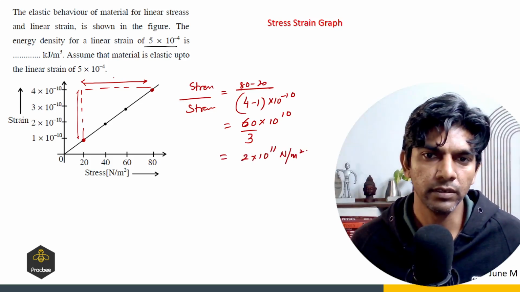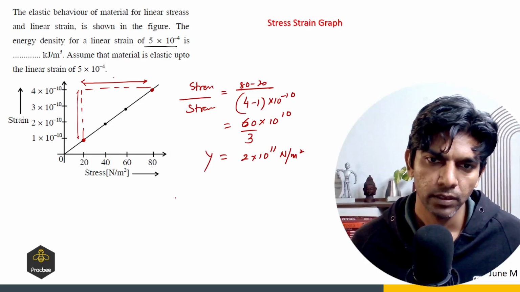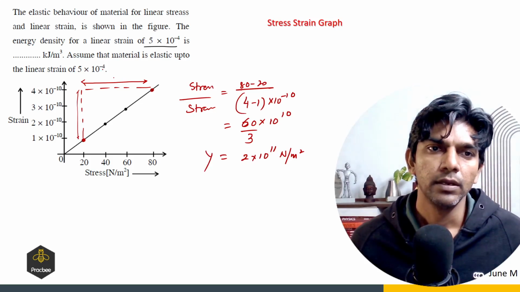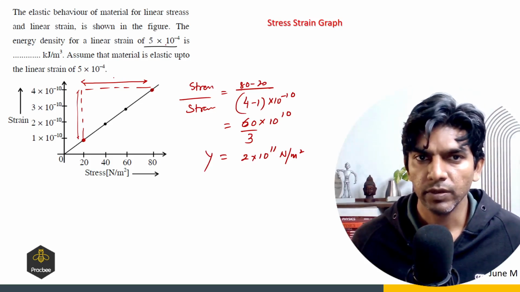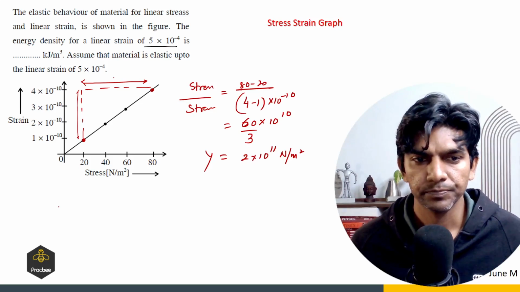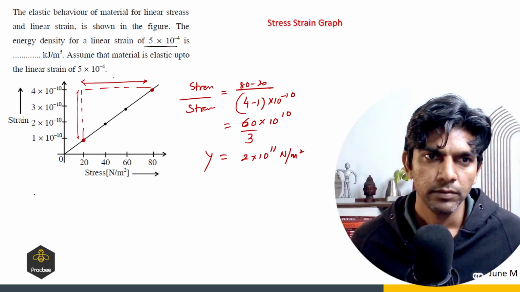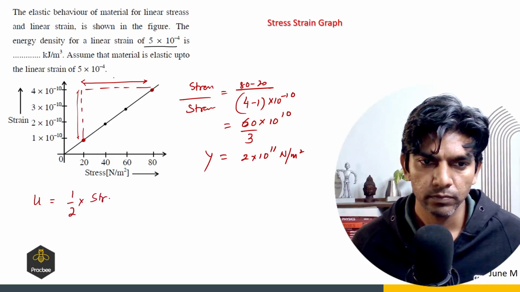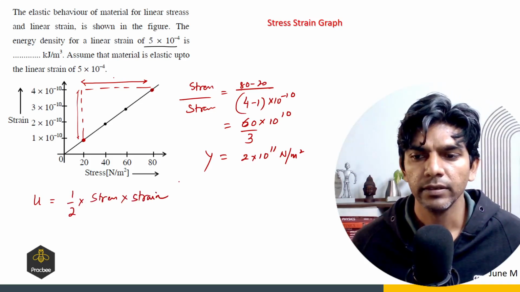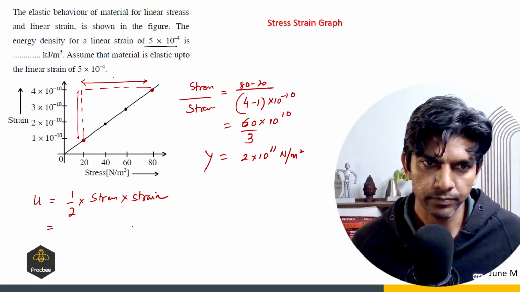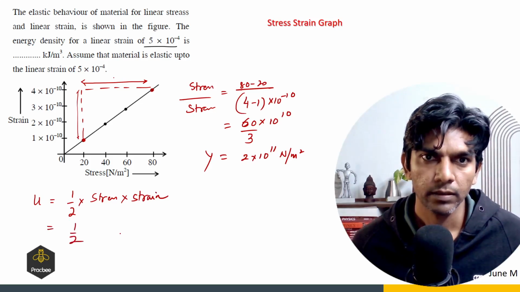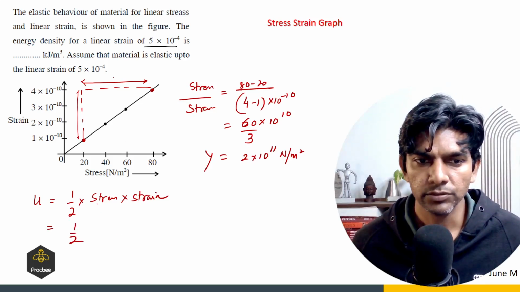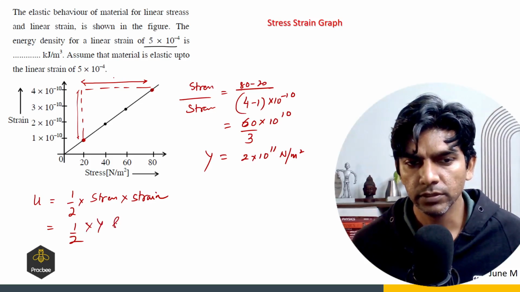So we got the Young's modulus, which is stress upon strain, and energy density is what we have to calculate, and strain is given to us. So energy density will be half into stress into strain, right? So here strain is given and stress can be written as Young's modulus times the strain.